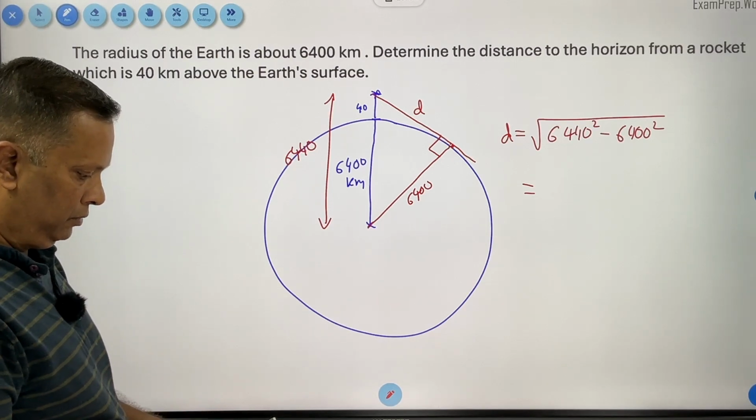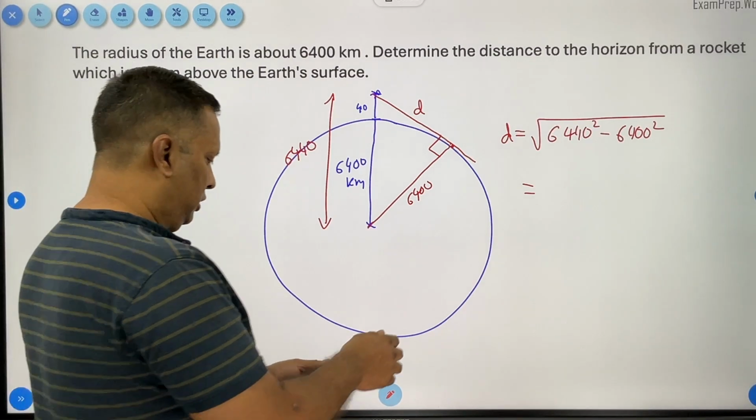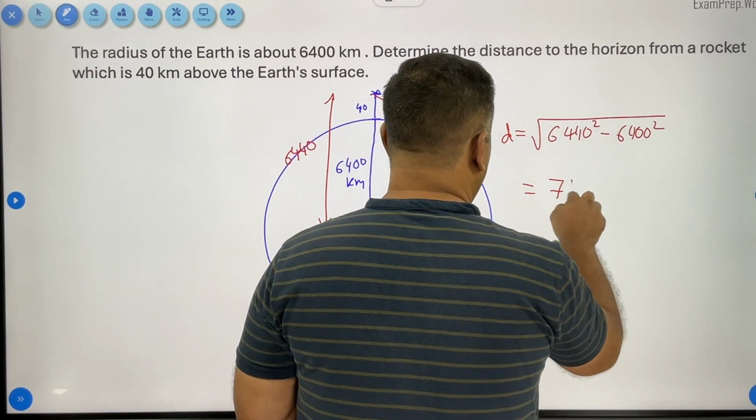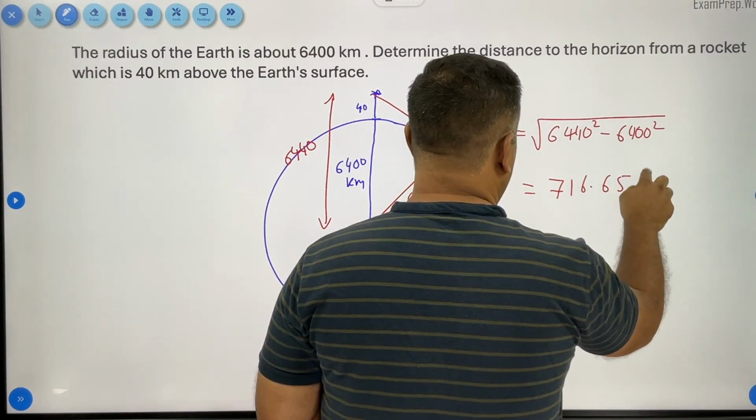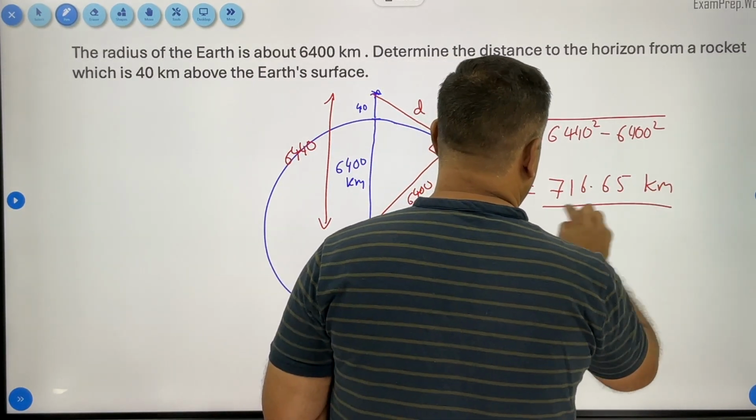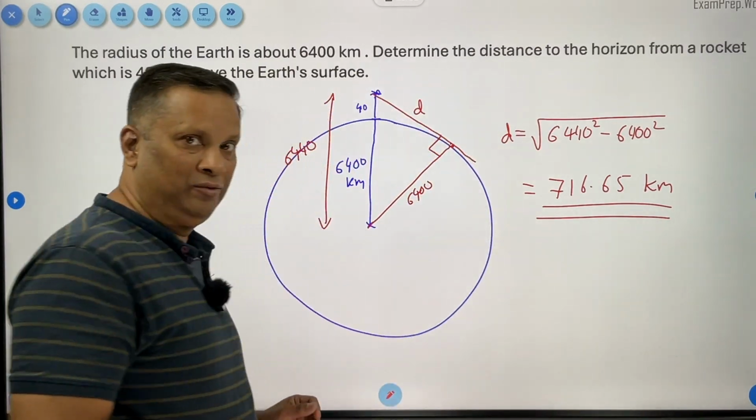We have 716.65 kilometers from horizon. That's the distance from horizon.